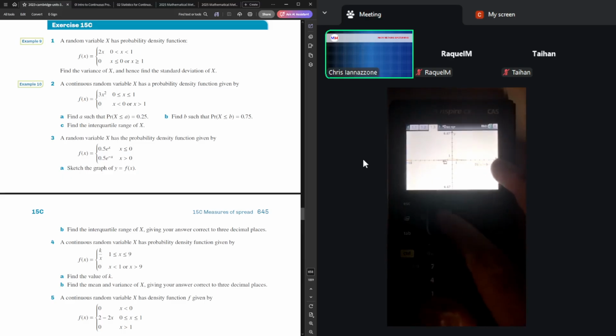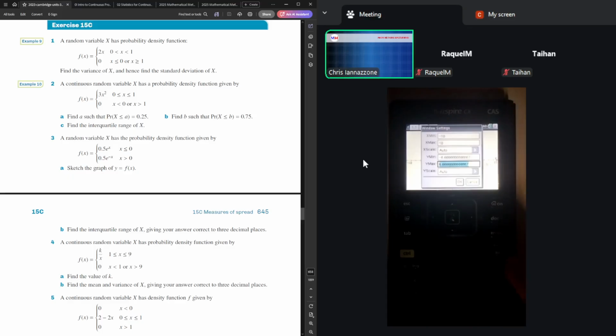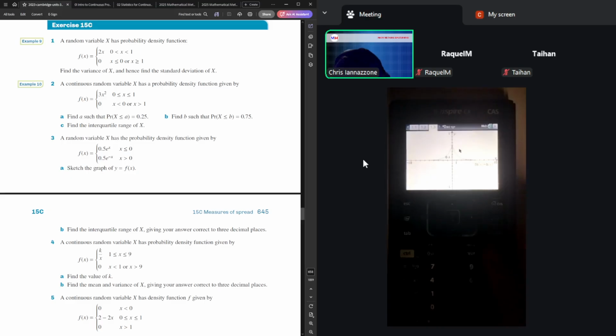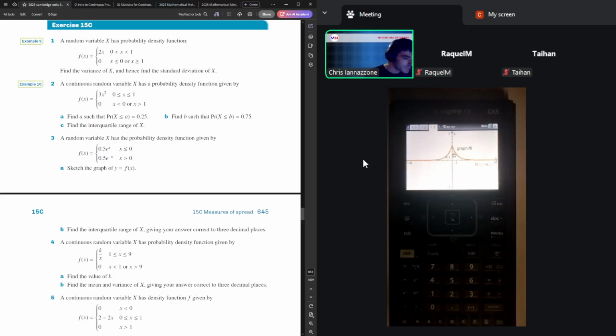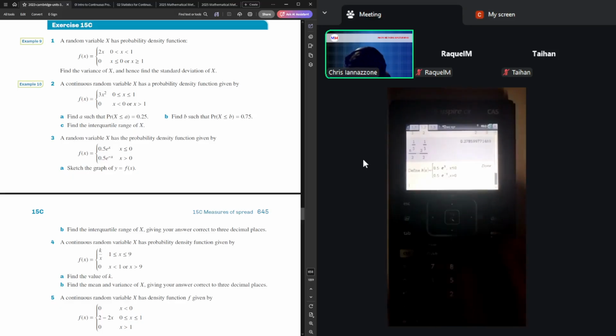Hey, look at that. Let's make this a bit easier. There we go. Cool. Find interquartile range. So I'm hoping that making it a piecewise, the integrals will still come out proper. Let's see if that's the case.